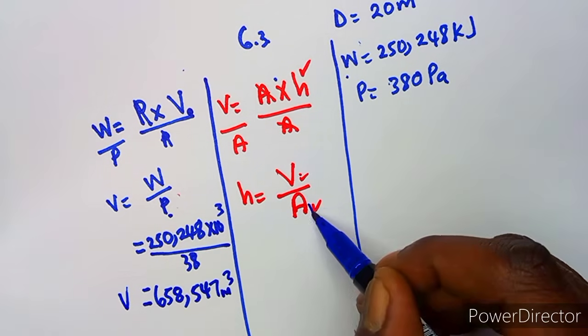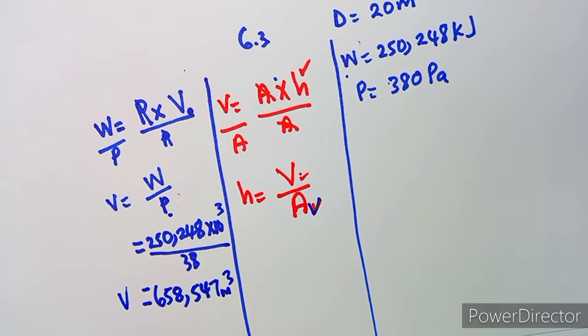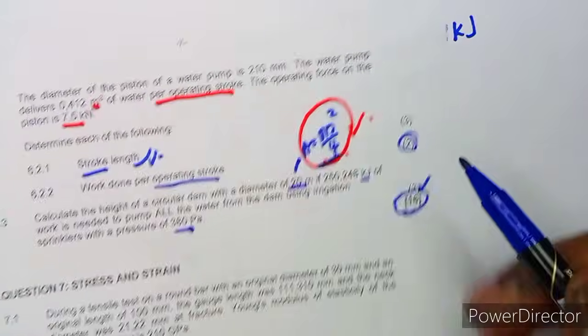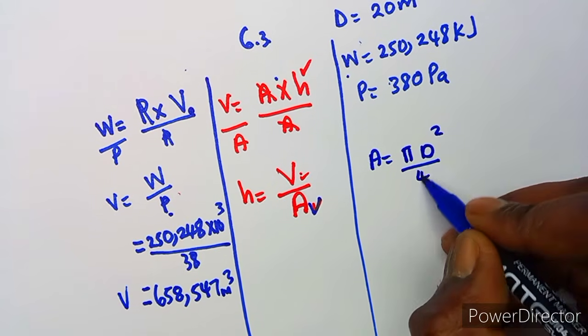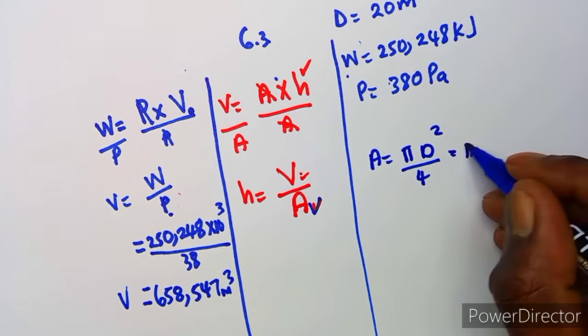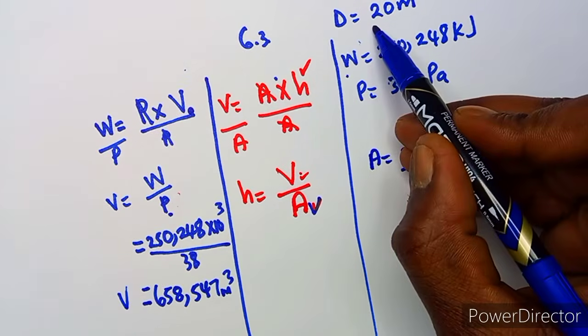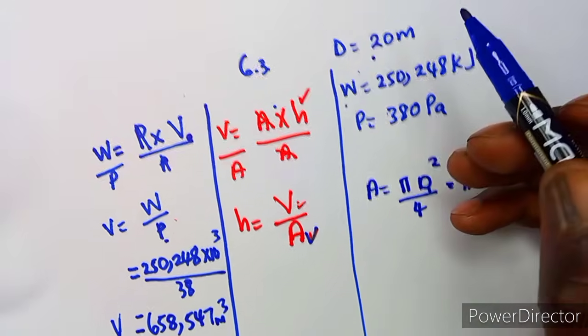And the area, we said we can get from the formula pi d squared over 4, using the diameter we have listed down here.